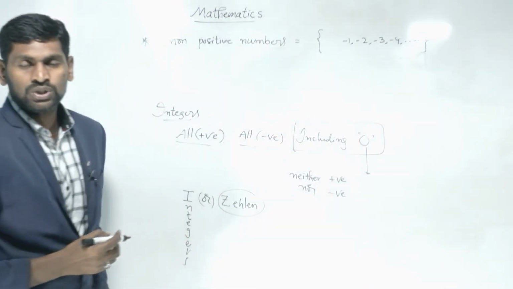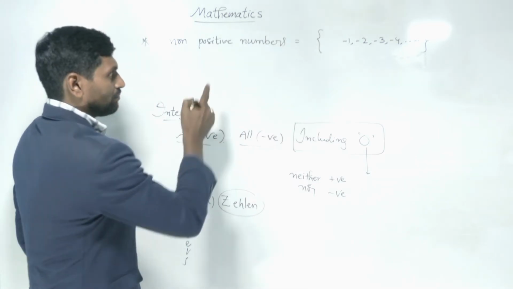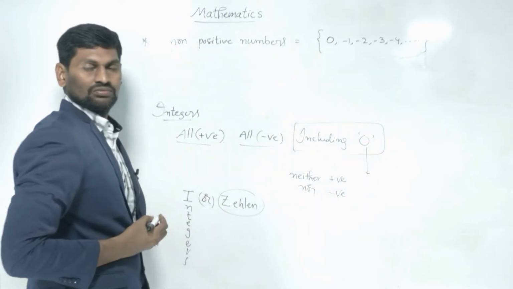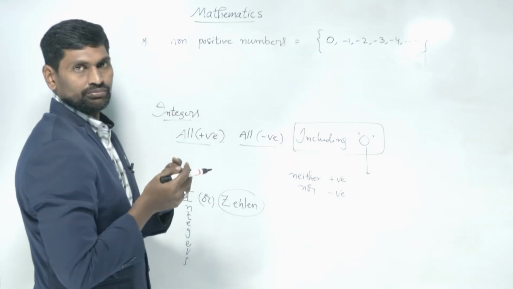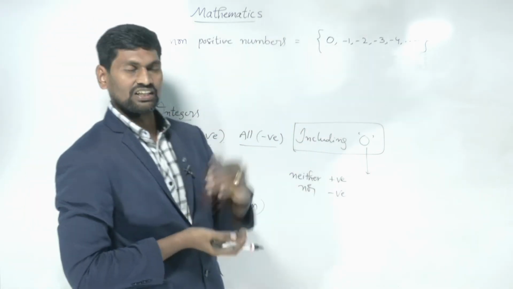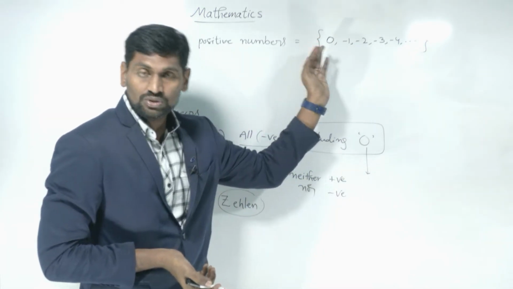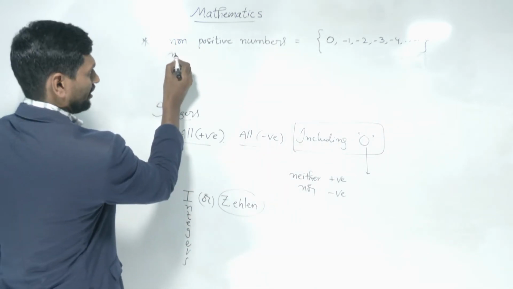Sir, these are all negative numbers only, no sir? Yes, negative numbers only. But in this set of integers we should write 0 also, because 0 is neither positive nor negative. I want non-positive numbers, and 0 is not positive. That's why I wrote it. That means with negative numbers we should include 0 also. That is non-positive integers.